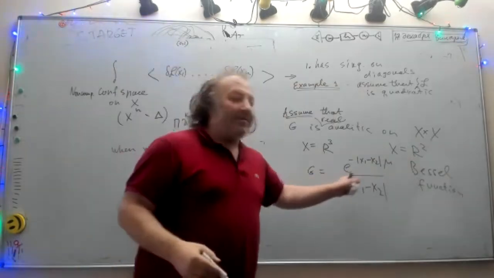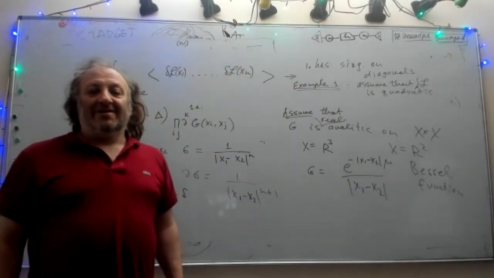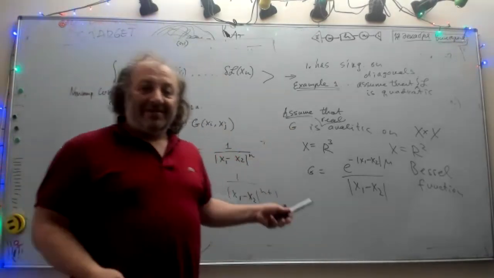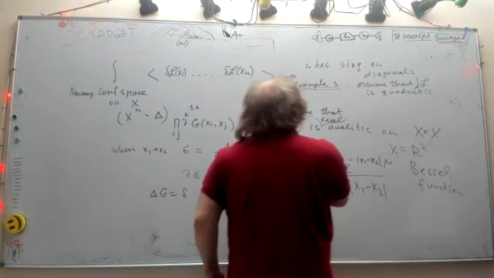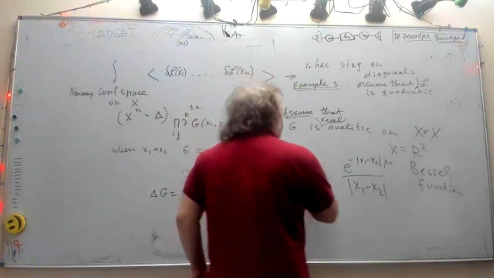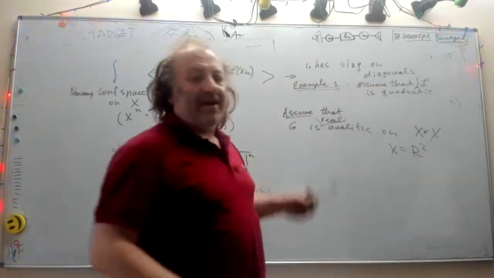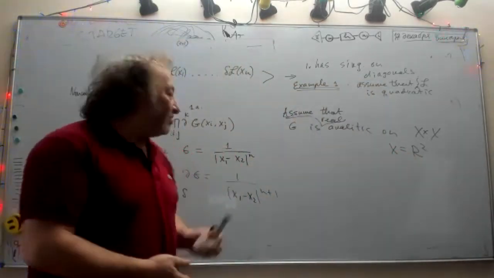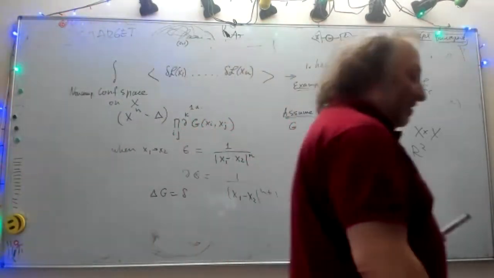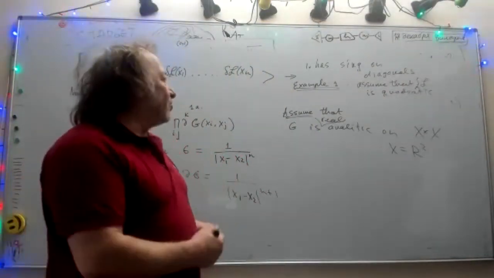You cannot write it in such a nice way, but it's definitely analytic, okay? So I assume this. I don't know the proof. Maybe I should know the proof, but I consider it a technical mathematical problem to prove that the Green's function of the Laplacian is real analytic. I don't know how to prove it.